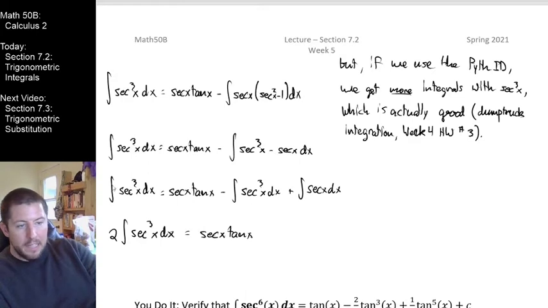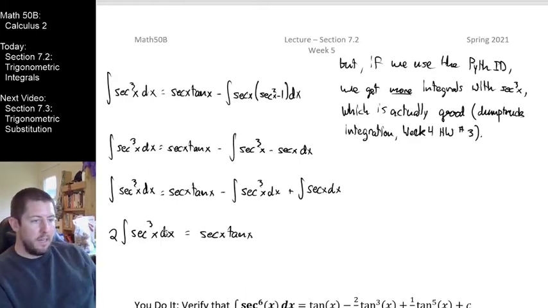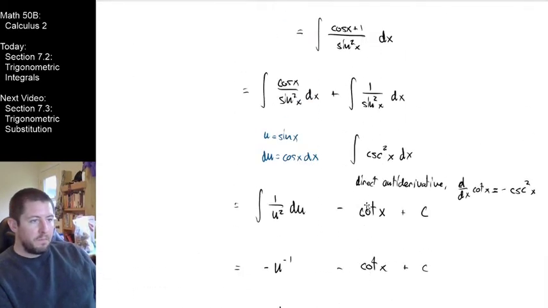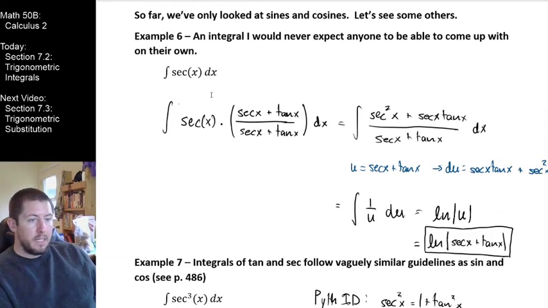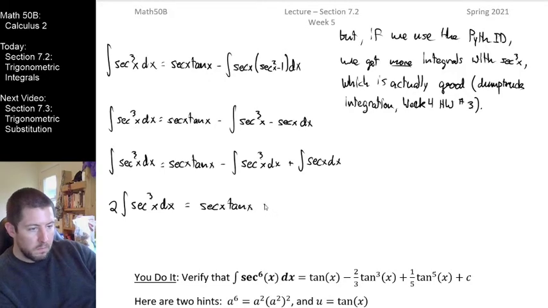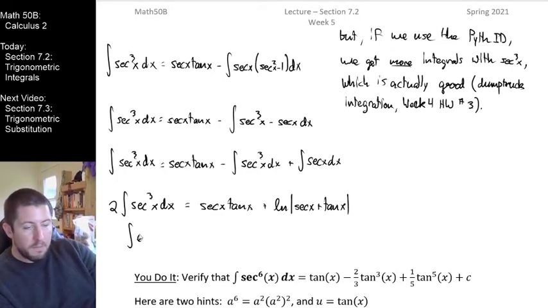This term got added to the other side. That's where the 2 came from. This term, secant x, and what was our result from this? I'm going to scroll up and find it. Integral of secant of x. We got natural log of secant plus tangent. We're done. That was sneaky.